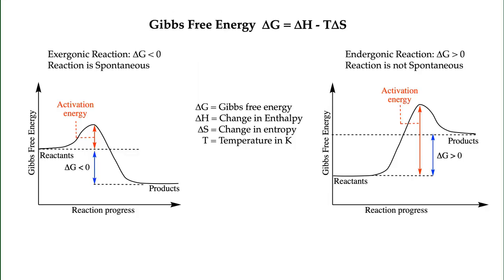Now, still, to understand this concept in the context of pure entropy, it is important to look at the factor temperature. Now, temperature's effect in the context of entropy, while we are using this Gibbs free energy equation, is notable.